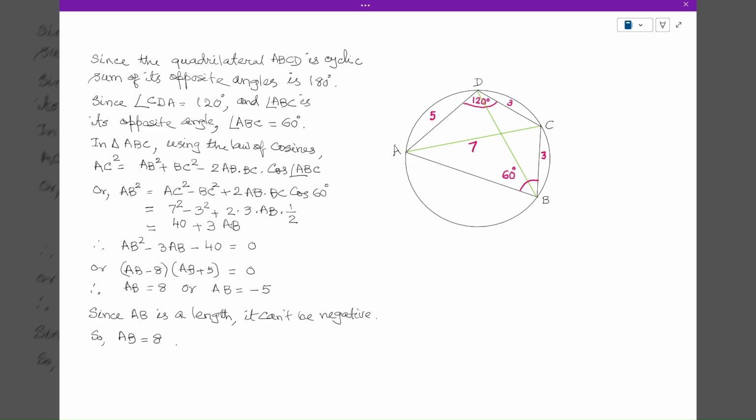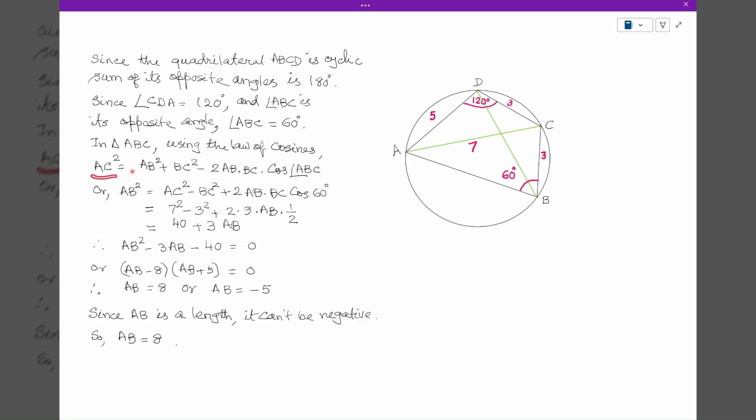So we can use the rule of cosines again to find out AC, which we know already to be 7. So let us find this out again. AC square is equal to AB square plus BC square minus 2 AB into BC into cosine of this angle.